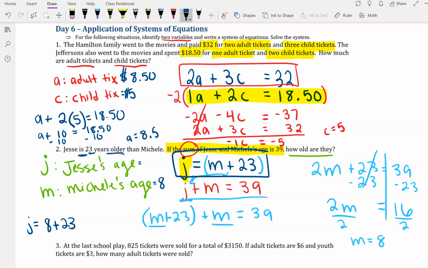So Jesse is 31 years old. And then you can just double check by plugging into the other equation to see if it also works for that equation. J is 31, M is 8, 31 plus 8 is 39. So it works.